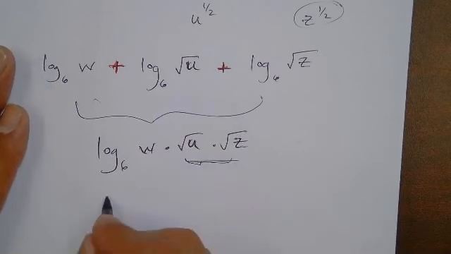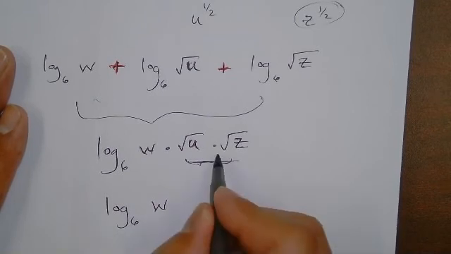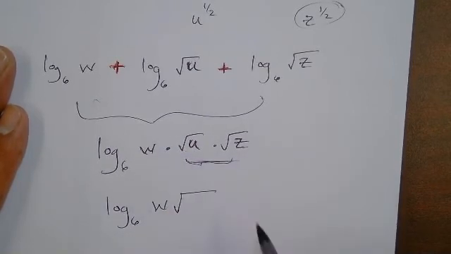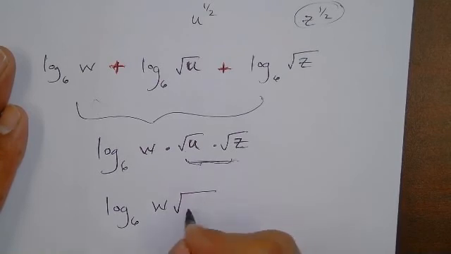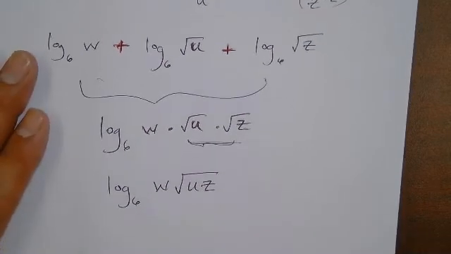No. These that are under the same square root can multiply. So you're actually going to get log 6w, and when you put these together and these multiply, because it's the same root, it's a square root of uz.